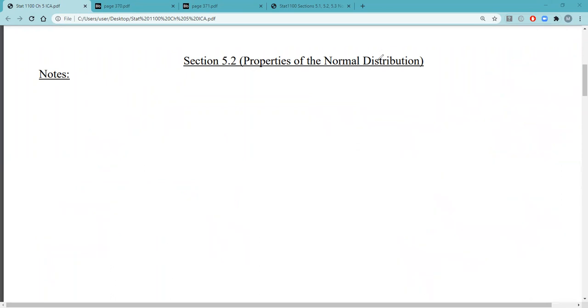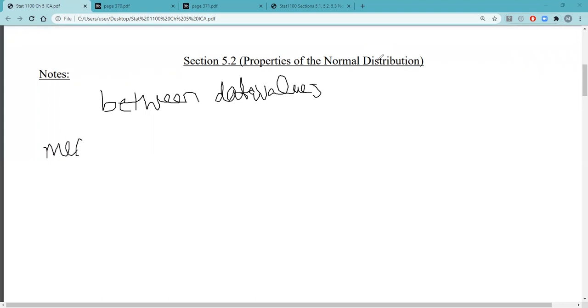I want to move on now to looking at scenarios where we're looking between two data values. So let's look at this same data set. We have a mean of 100, a standard deviation of 15.